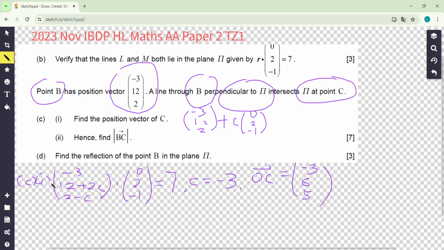And next one, you want to find out the magnitude of BC. So you remember what is BC? BC is OC minus OB. So OC is here, OB is here. Okay, so you just subtract these two, and then you find it out.